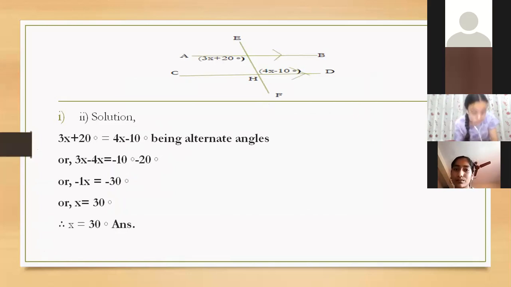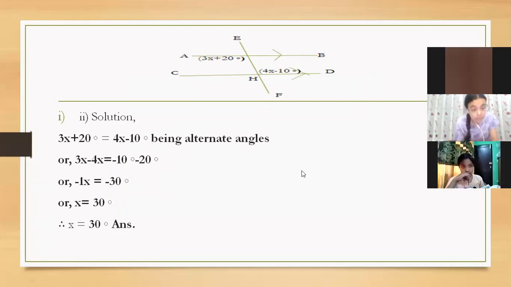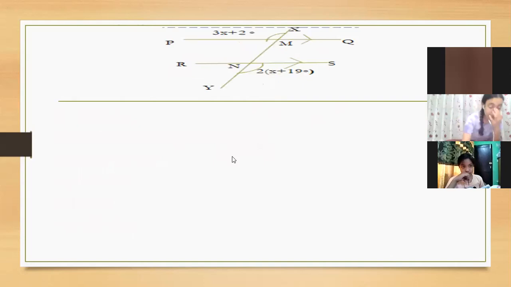Are you looking at the screen or not? Yes, sir. Should I move to the next slide? Yes, sir. Okay. Now the next question is like this. Simran, are you doing this one? Well done. Okay, good.